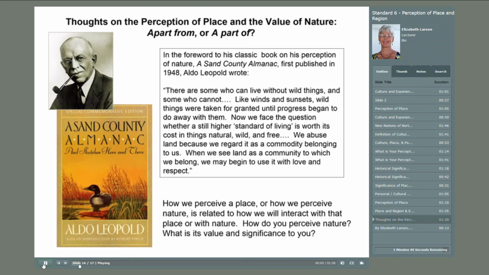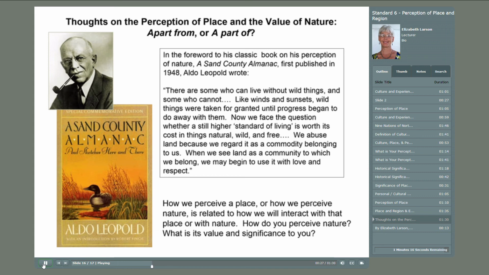Some final thoughts on the perception of place and the value of nature. Apart from, or a part of. In the foreword to his classic book on the perception of nature, A Sand County Almanac, first published in 1948, Aldo Leopold wrote, "There are some who can live without wild things, and some who cannot.